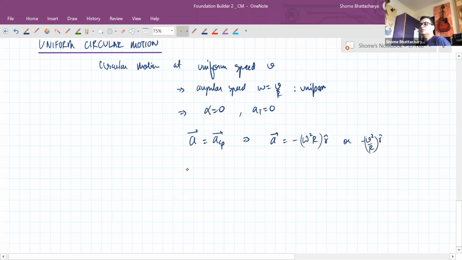So now if we talk about dynamics, we'll see that therefore in uniform circular motion, the net force acting on the body is centripetal in nature.